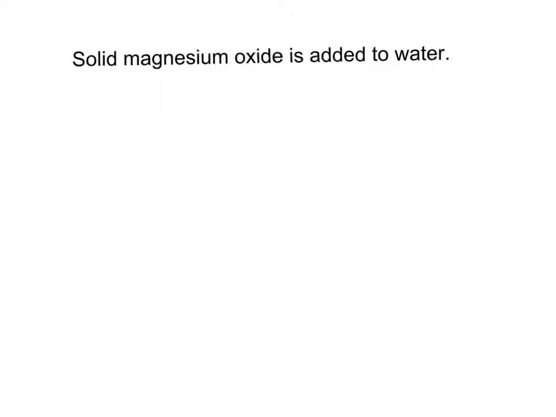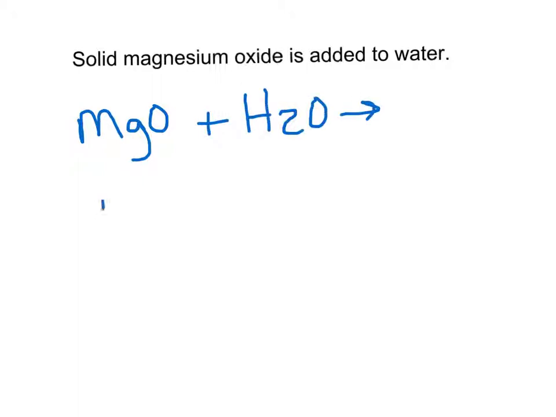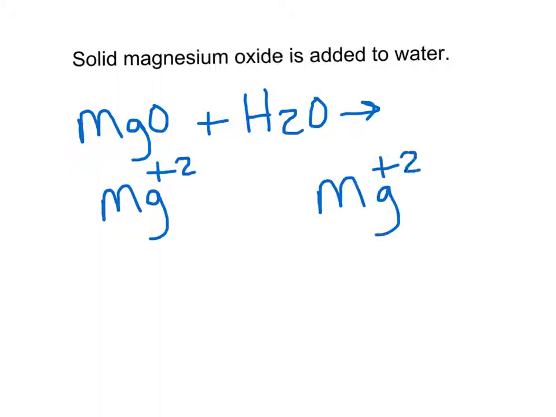In the next example, solid magnesium oxide, MgO, is added to water. In this case, your metal ion is Mg+2. So for your product, you'll put Mg+2 with hydroxide to make the base. And so you'll want 2 hydroxides to cancel the charges.